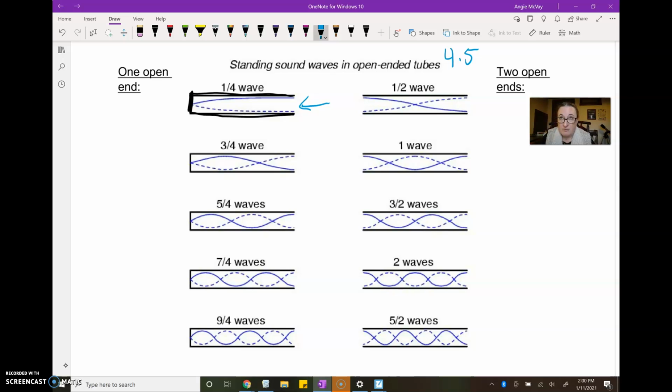Now, each pipe of each length has natural frequencies at which it will produce the loudest volume. Okay, that's called resonance, right?